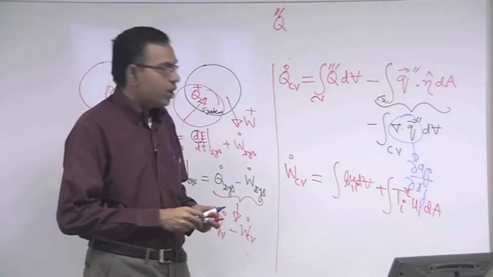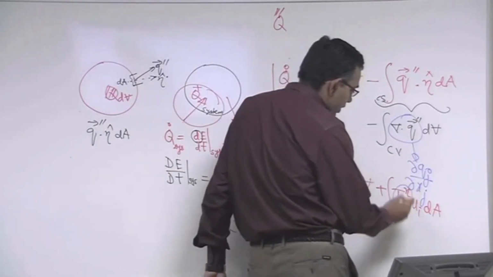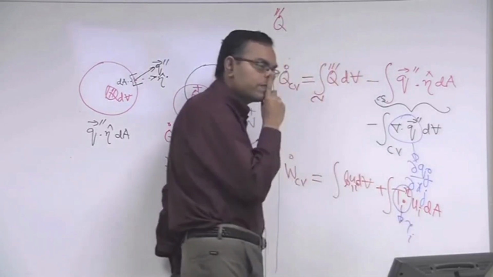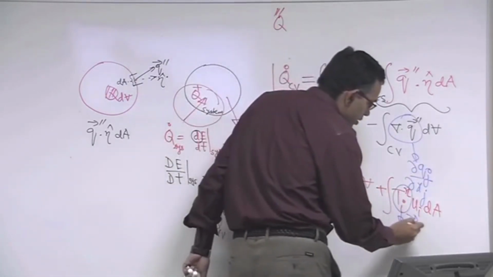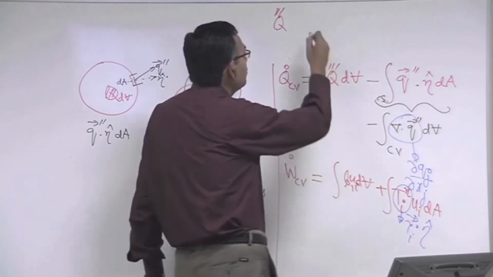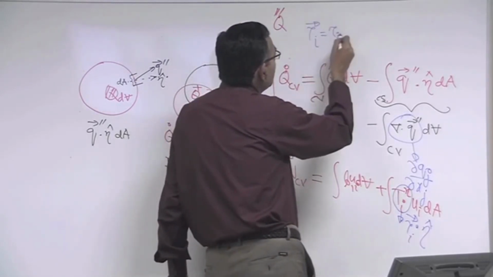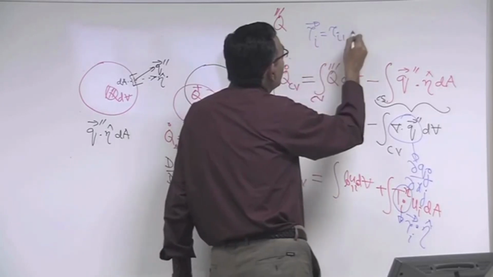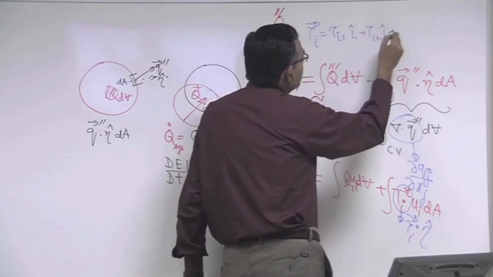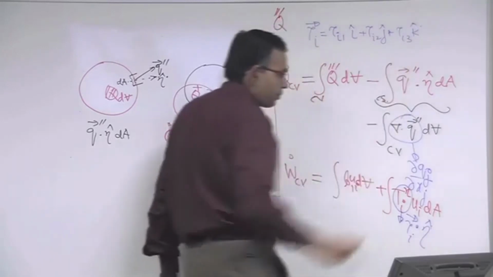In one of our previous lectures, we have discussed that this is nothing but the vector tau dot eta, where what is this tau? Tau i1 i plus tau i2 j plus tau i3 k, right.